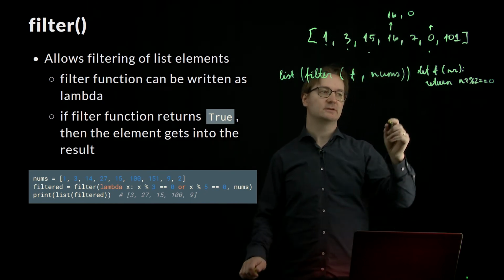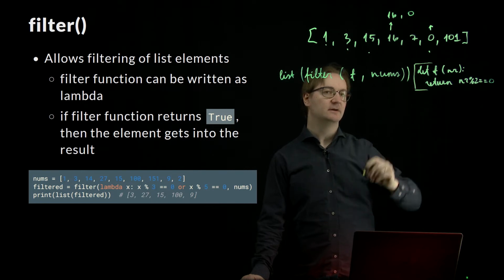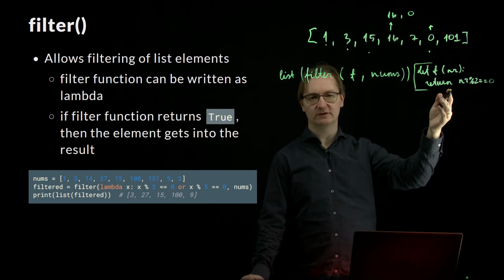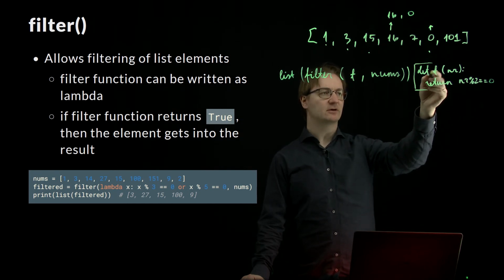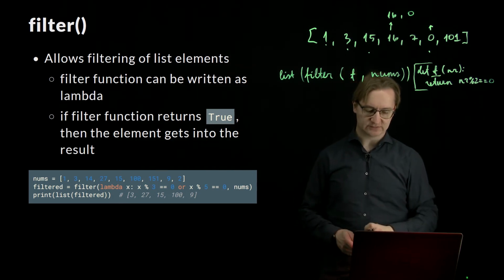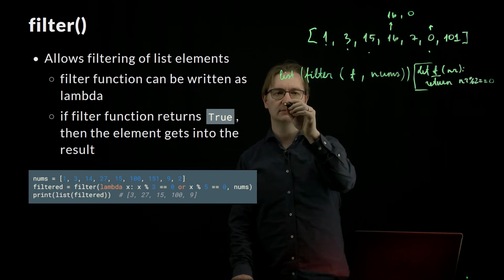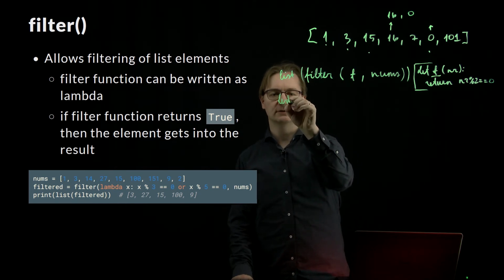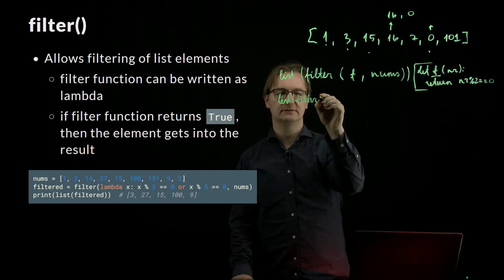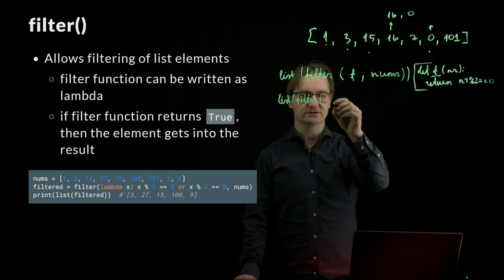Now, what I did here, I wrote the function separately. But as you can see, this is quite a short function, and also I had to come up with a name here. I just picked f, but I can use a lambda or anonymous function here. I could get the same result if I use the filter, and now instead of f, I just write the lambda function here.